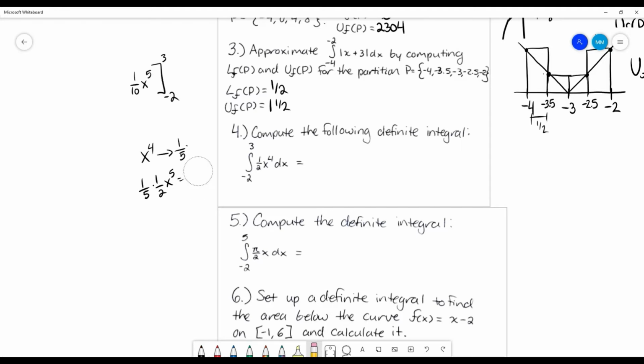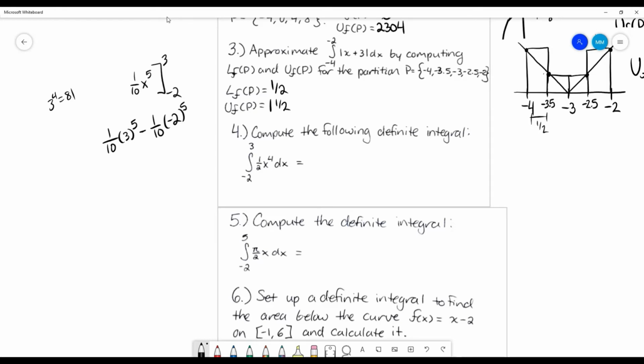And the way that we then compute that is we plug in our upper bound into this, and then we subtract, and then we plug in our lower bound and subtract that, right? So if I plug in a 3, I'm going to get 1/10 times 3 to the 5th minus my lower bound, so it's going to be 1/10 times -2 to the 5th. Okay, 3 to the 4th is 81.